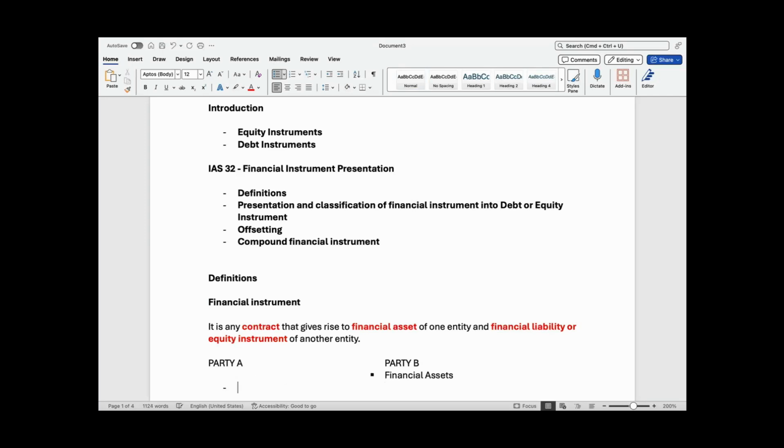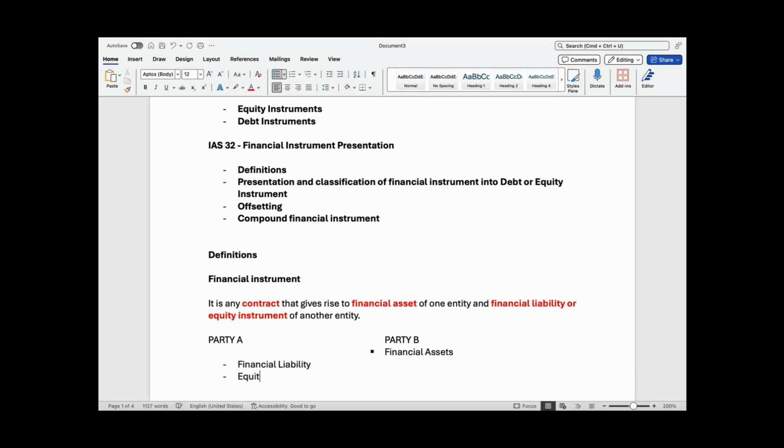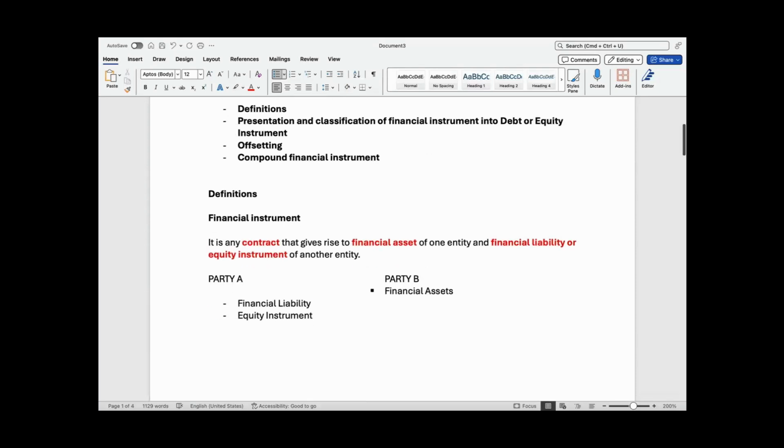You see, Party B can either have financial liability or equity instruments. This must occur before we can say, okay, this is a financial instrument contract.